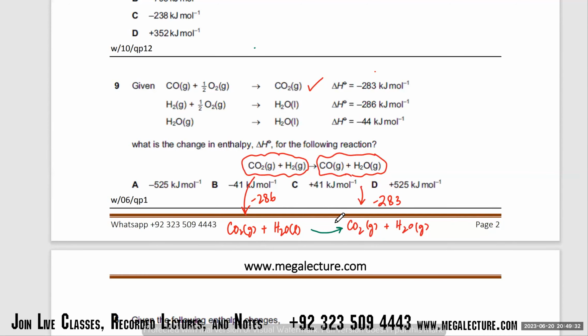What happened in this arrow? Nothing happened to carbon dioxide. It was carbon dioxide gas over here, and it's still carbon dioxide gas over there. The only thing that changed was H2O liquid turning into H2O gas. So I have to go in the backward direction. So that's going to be plus 44, and that's my Hess cycle being complete, right?